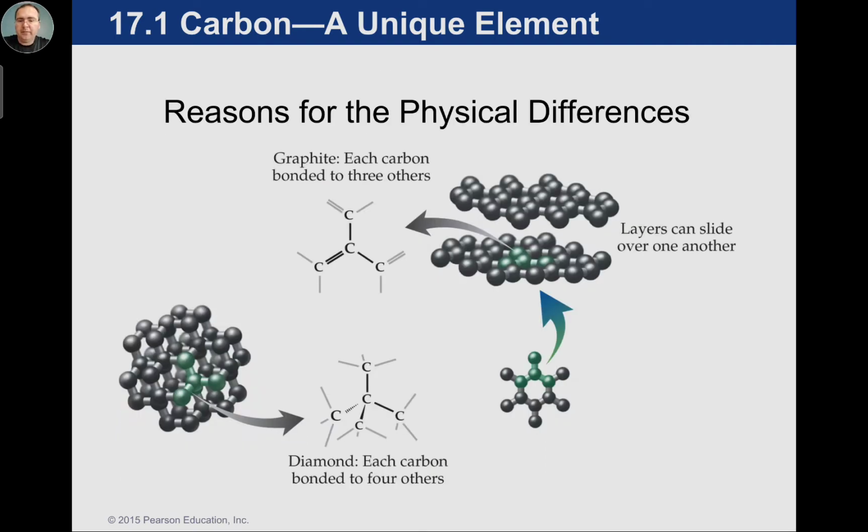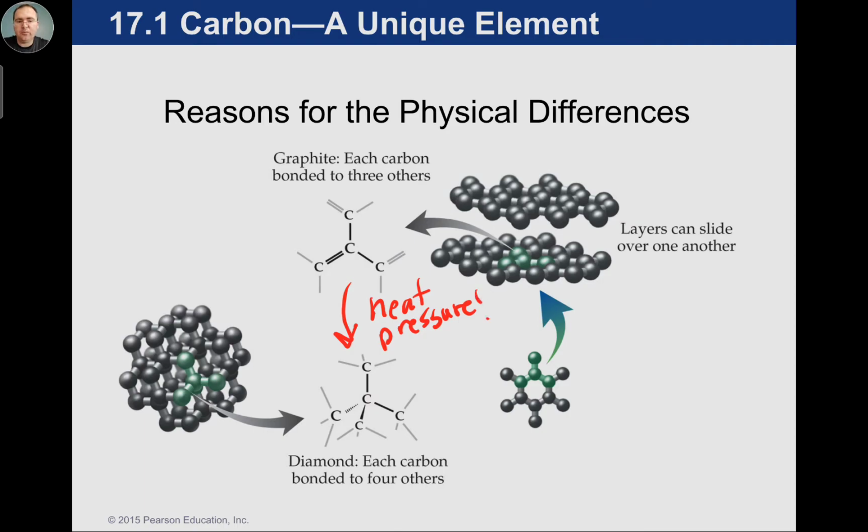So what makes carbon different is shape. Go figure. This is why we covered shape in the previous chapter, and this is why we're piggybacking this chapter, even though it's chapter 17 right after it. Shape is what makes the world different, and it's what makes carbon very different. Turns out you can take trigonal planar carbon, use a tremendous amount of heat and pressure, so lots of heat, lots of pressure, and make it into that more stable tetrahedral carbon.